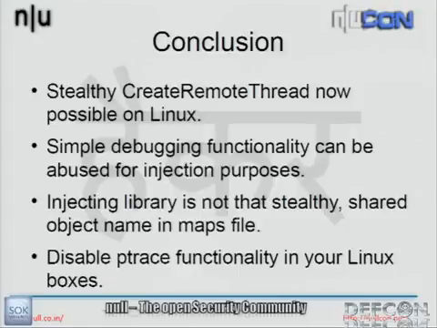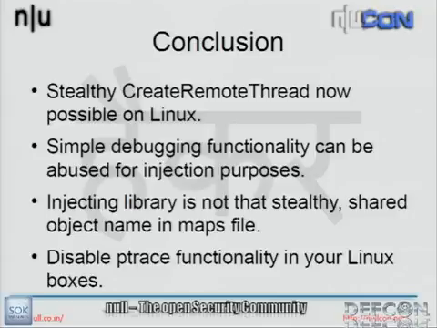I mean, you need to use two or three lines of code before you actually try to execute something. Library injection, if you are looking at some kind of stealthy malware, will not help you, because it may be found out by forensics people when they're investigating which process might be the evil process.